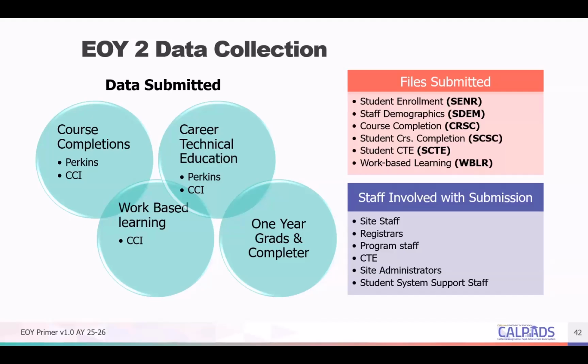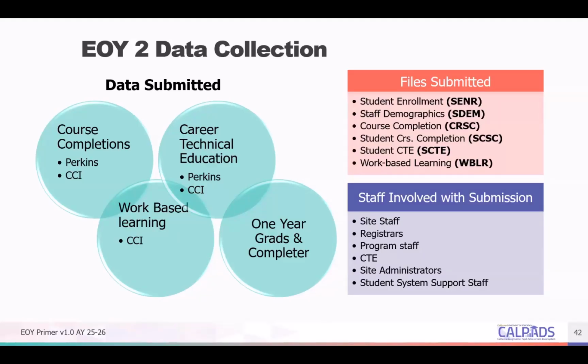The course completion file, the CRSE, must be submitted again to account for the curriculum that your students receive throughout the entire academic year, in particular for every grading period. And then your student course completion will show the academic achievement and the completion of your students. Again, these need to mirror the records submitted for the course completion.